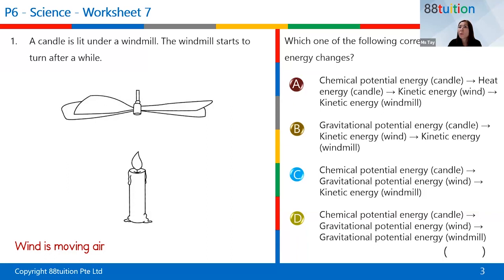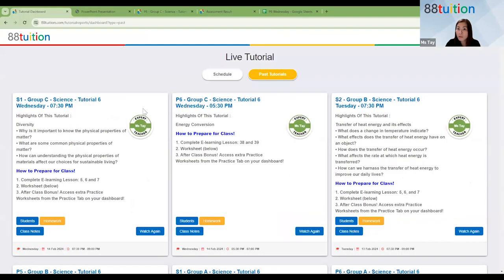For example, I'm showing you my own as a teacher's one, but you should have something similar. Can you see my screen over here? Are you able to see this screen? Yes or no? Yes, okay. Do you have something like that also?